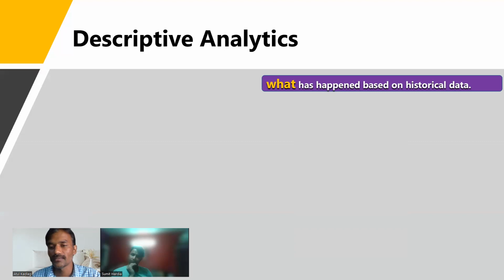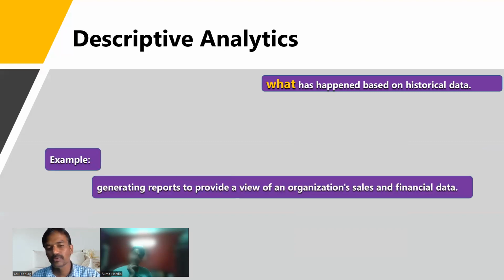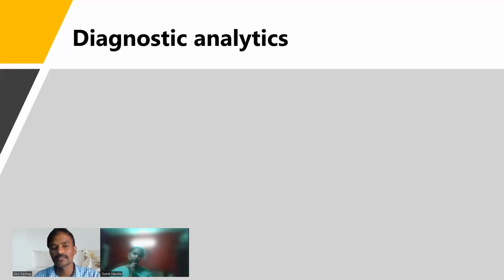It might be sales related data, for example. We can generate reports to provide a view of organization sales and financial data, such as the previous year's sales for a particular product, and how that can be used to take next decisions. This is descriptive analysis, which mainly focuses on what has happened.